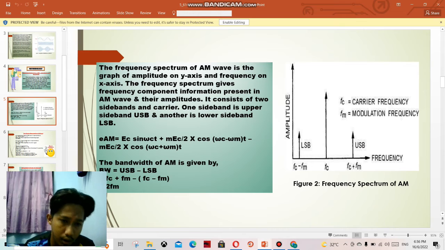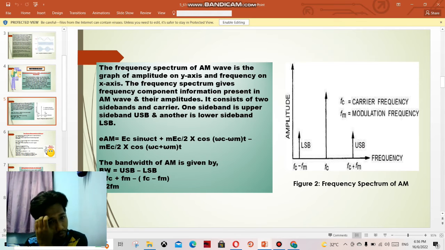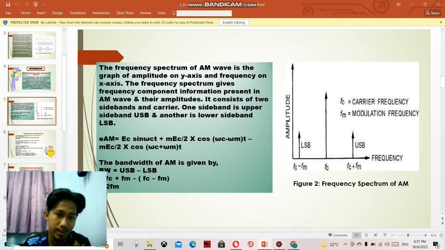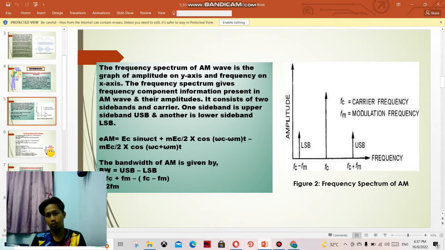This is the formula to find AM, and this formula is to find the bandwidth. The bandwidth BW equals USB minus LSB, or fc plus fm minus fc minus fm. So this is the frequency spectrum of AM.